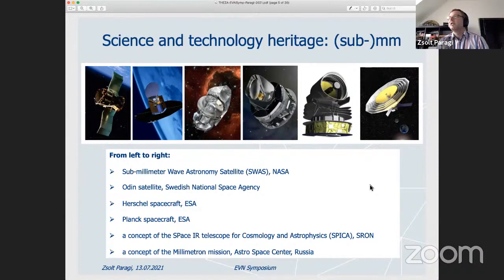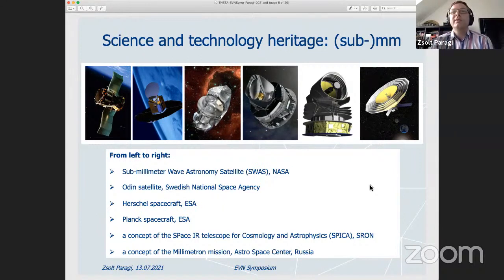A number of satellites have been in space, like the SWAS mission from NASA, the Swedish Odin satellite, Herschel, Planck, and there was a very strong competitor, SPICA, but unfortunately it was decided that this M-class mission will not be realized.